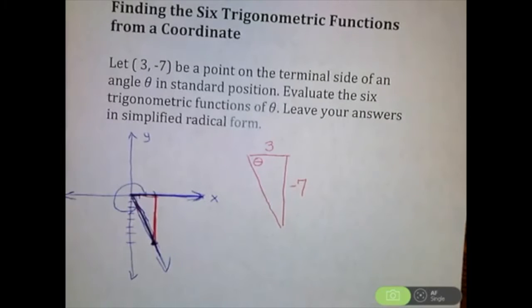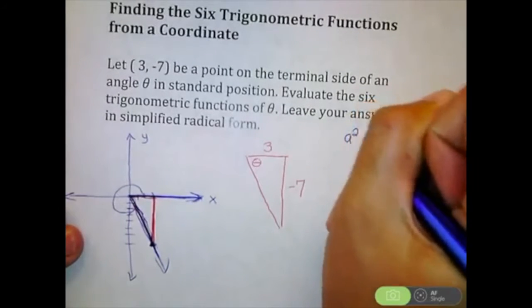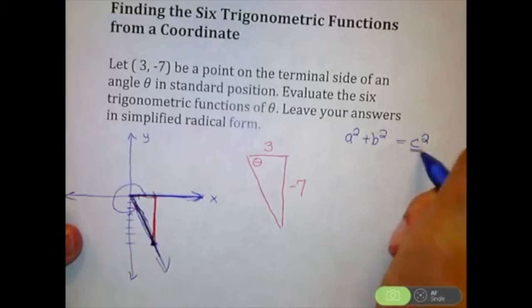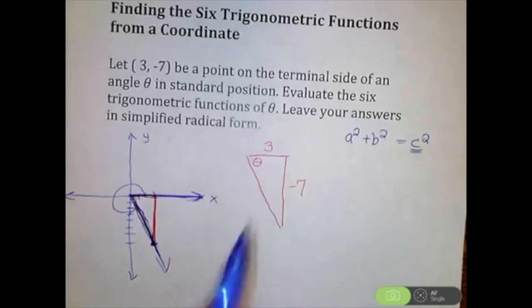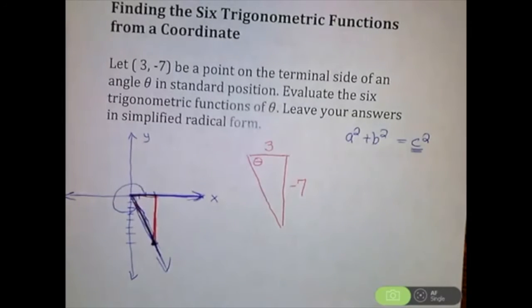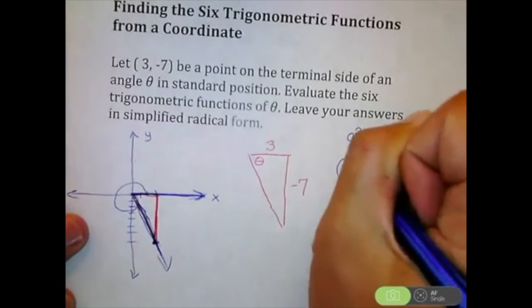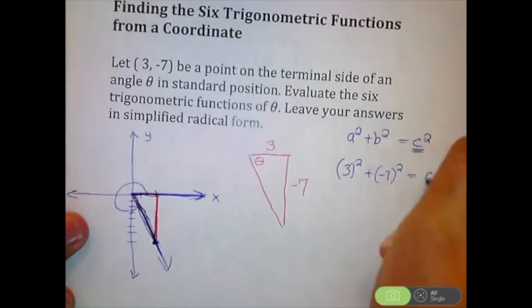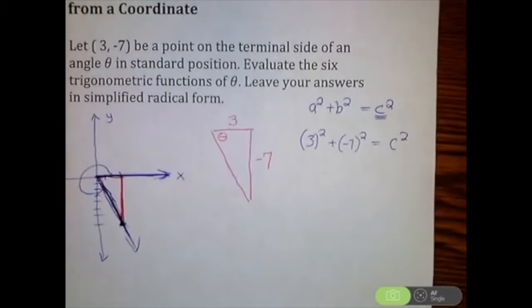So a common theme with the trig functions is using the Pythagorean theorem, which is a squared plus b squared equals c squared, with c being my missing side because that's the hypotenuse. So I'm going to plug in the pieces I know and solve for the missing side c. We're going to have 3 squared plus (-7) squared equals c squared.